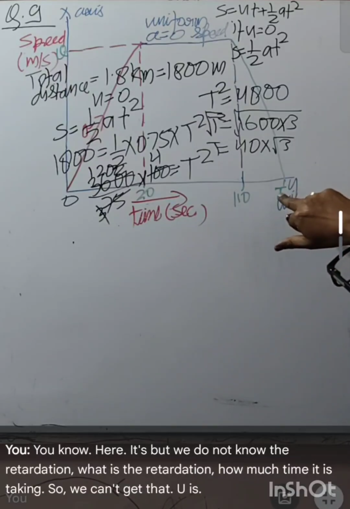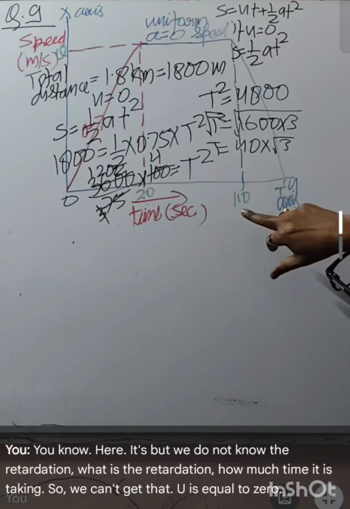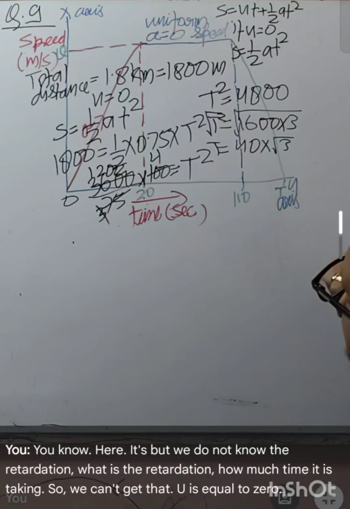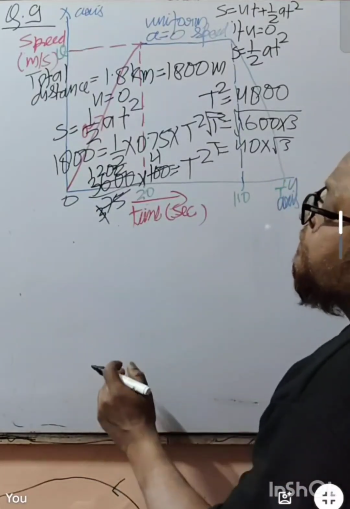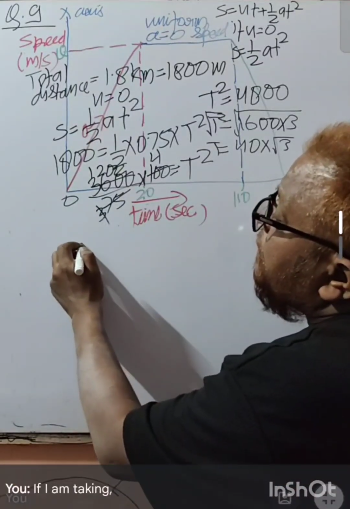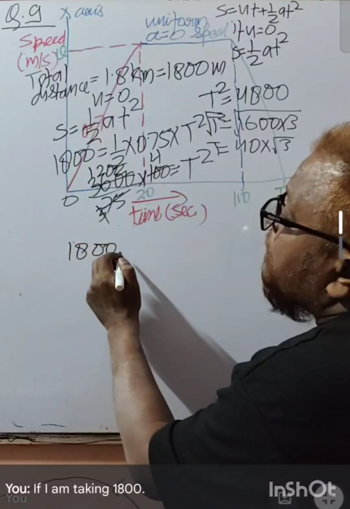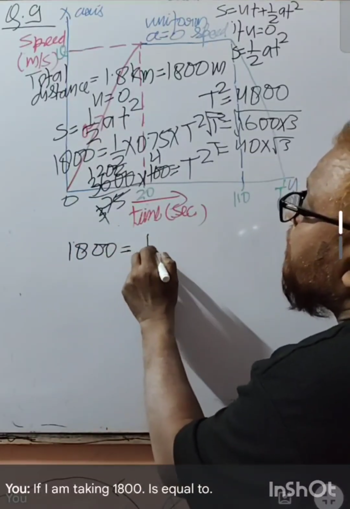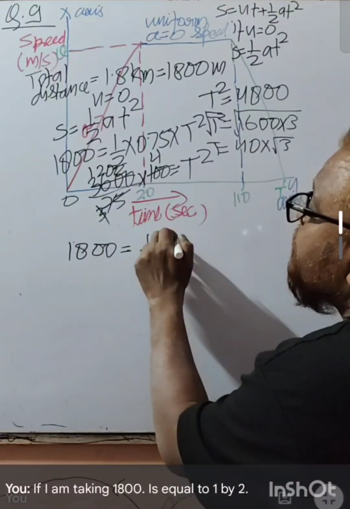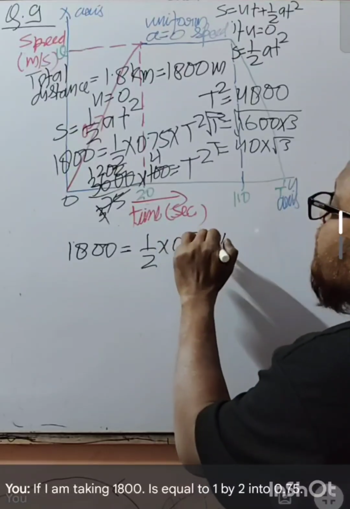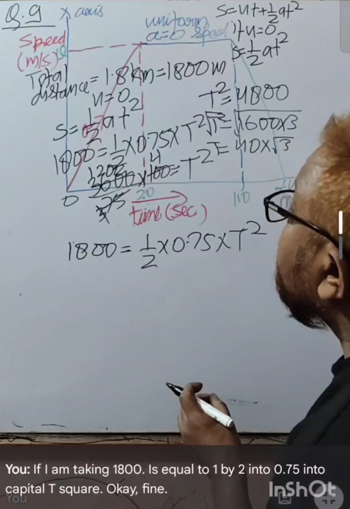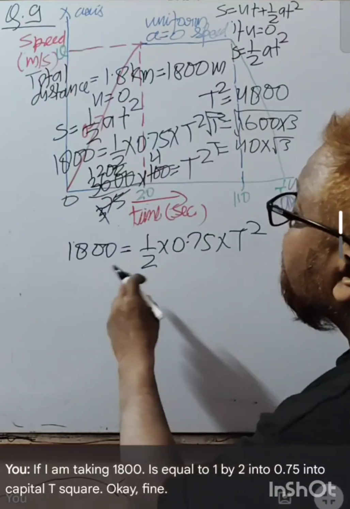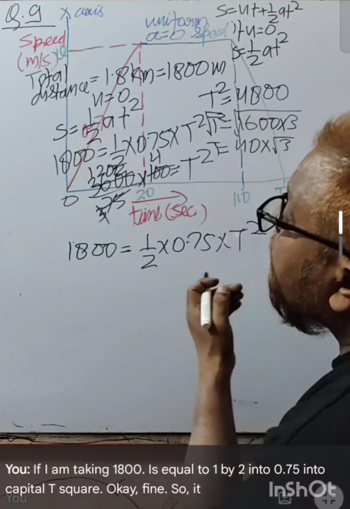U is equal to 0. Yes. If I am taking 1800 is equal to 1 by 2 into 0.75 into capital T square. Okay, fine. So it will come here.